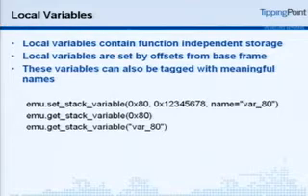Local variables contain function-independent storage. Local variables are set by offset from the base frame, and you can work from the base frame or the stack pointer. It depends on a different flag you set in the emulator when you create it. But if you notice, you'll pass an offset.